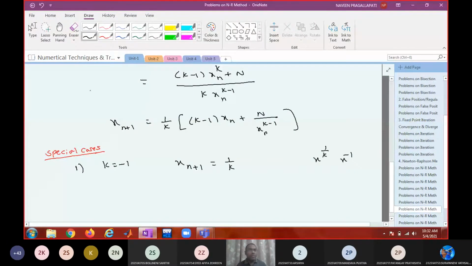Otherwise we shall prepare a table like this. Okay, so k value, x power 1 by k, and xn plus 1 is equal to the iterative formula.